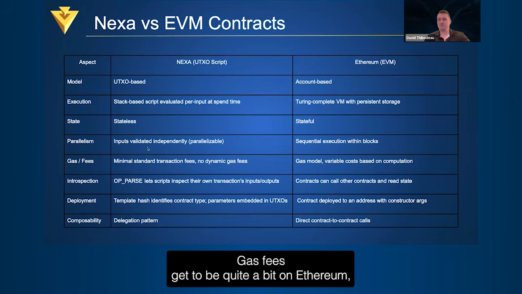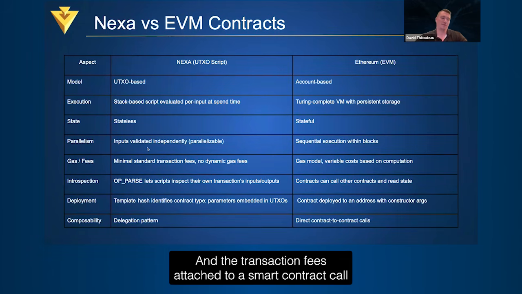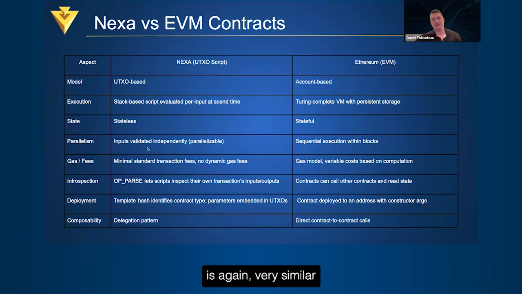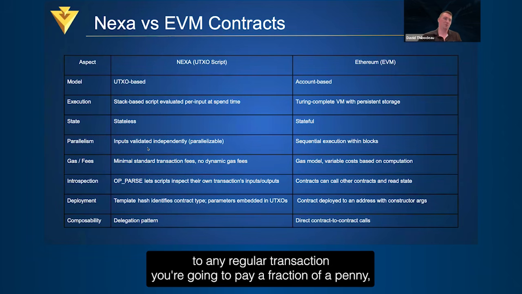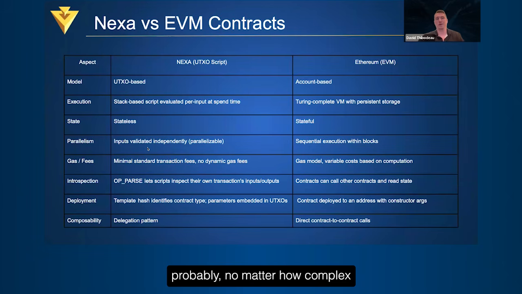Gas fees get to be quite a bit on Ethereum, whereas with Nexa, we have very tiny transaction fees, and the transaction fees attached to a smart contract call is very similar to any regular transaction. You're going to pay a fraction of a penny, probably no matter how complex your smart contract is.